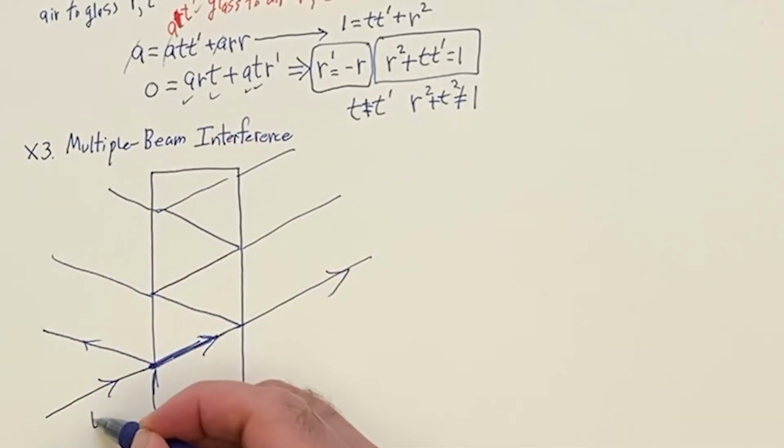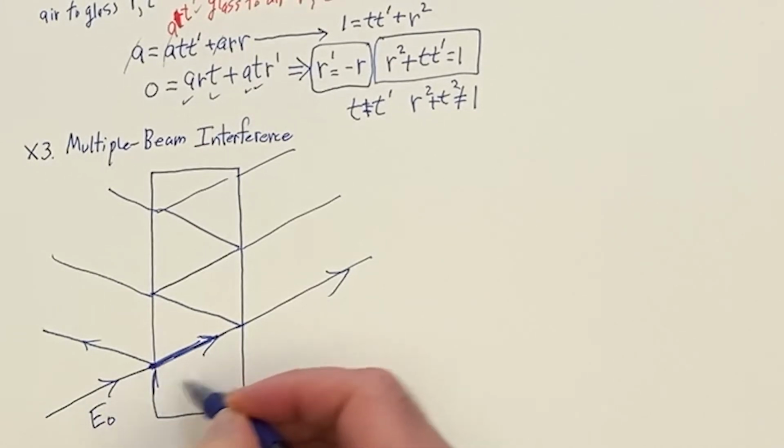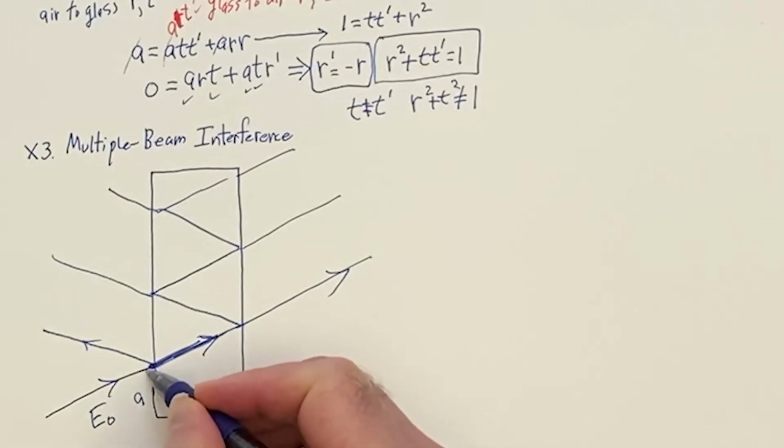So if this is, say, E naught, then we're going to go from air to glass.